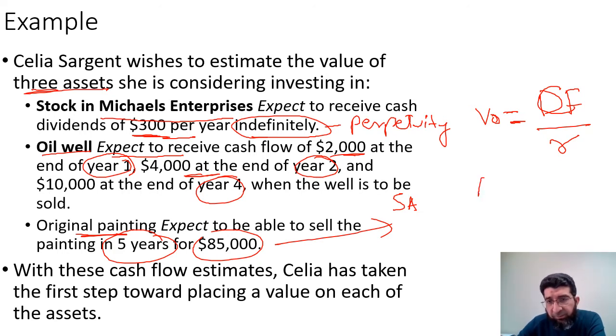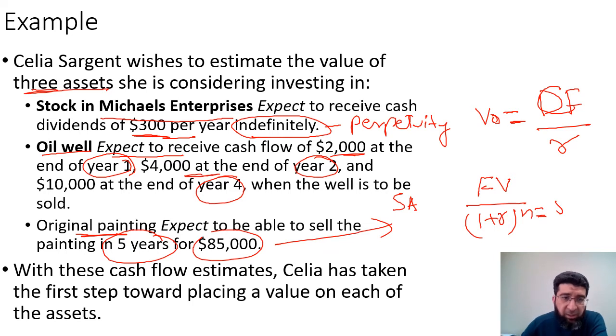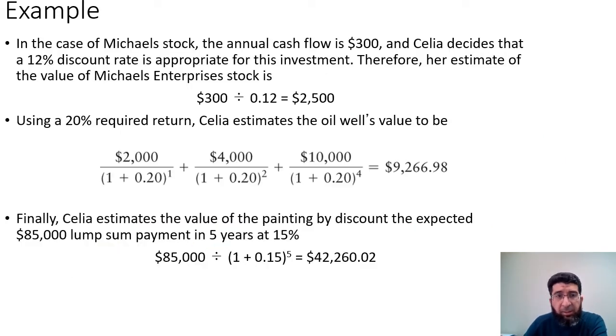So you can use future value divided by 1 plus r to the power n, where n is equal to 5 years. Future value will be 85,000. And what is the r? The r is not given in either of the questions. So Celia has to find the r for each because every alternative has a different cost.